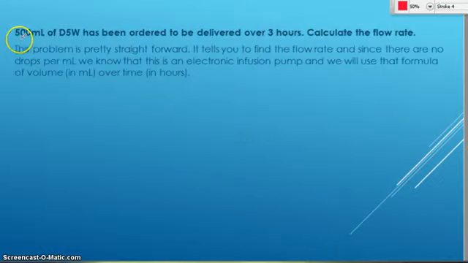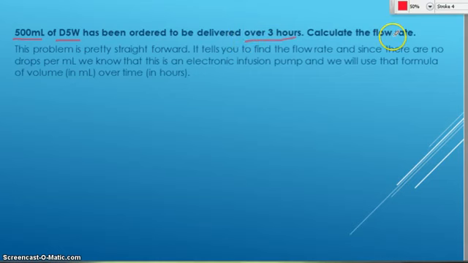We have 500 milliliters of D5W, and remember D5W is just the abbreviation for dextrose 5% in water. So this is the volume that we have, and this is the name of the medication or IV infusion in this case. And we're going to make sure that it is administered over 3 hours.